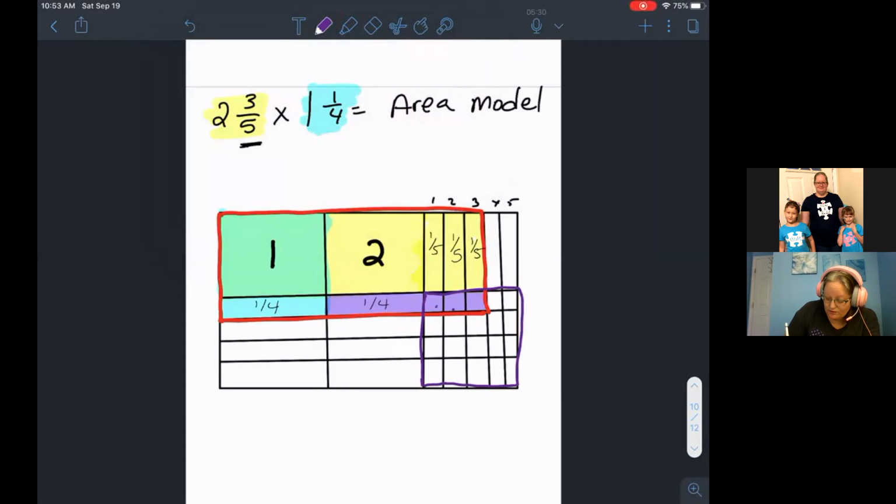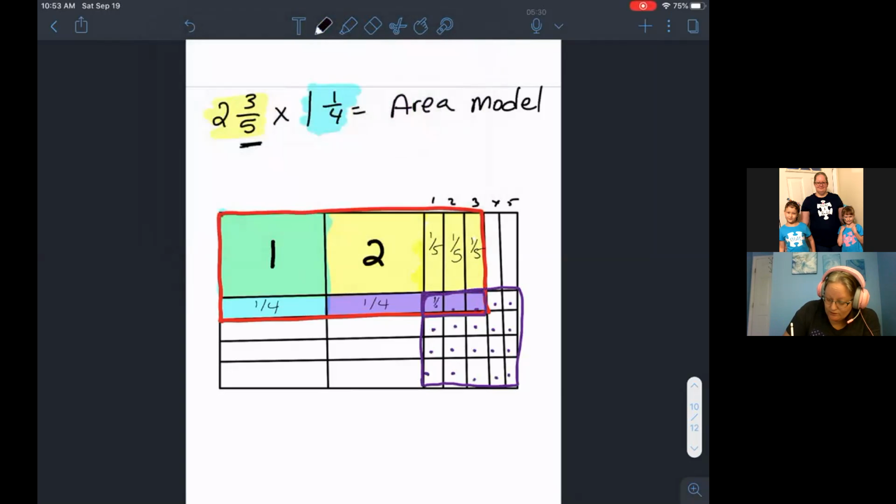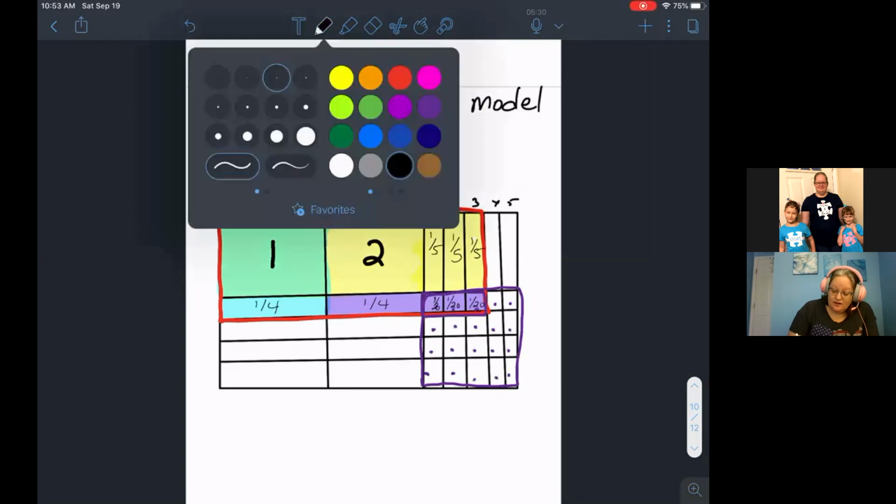It's 1 through 20. So the part that's shaded in with the light purple is 3 out of the 20. So each one of these is going to equal 1/20.